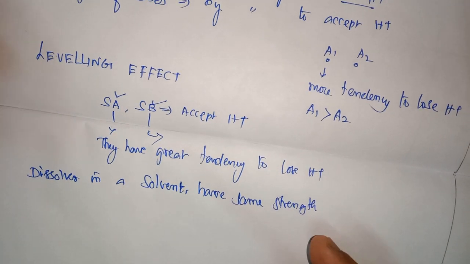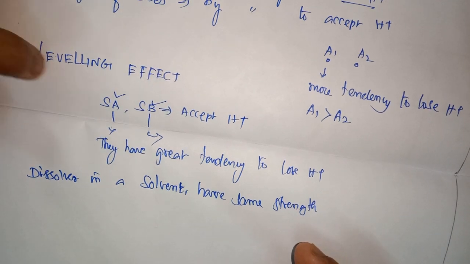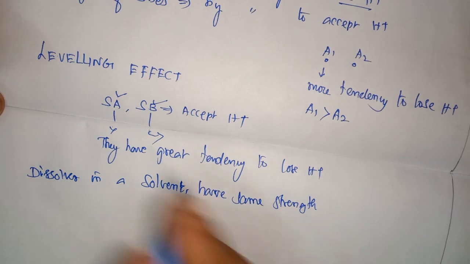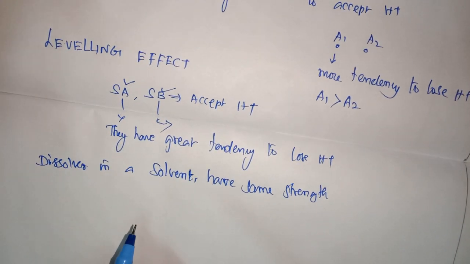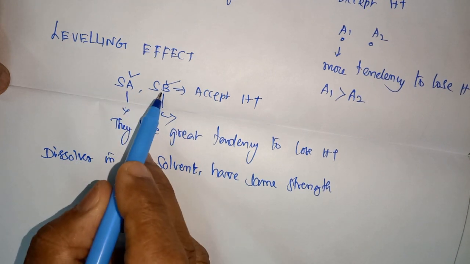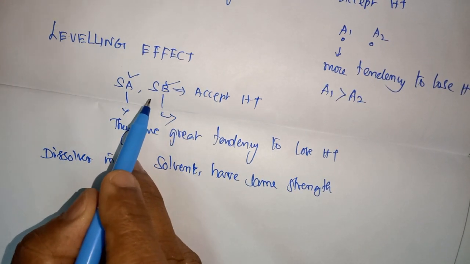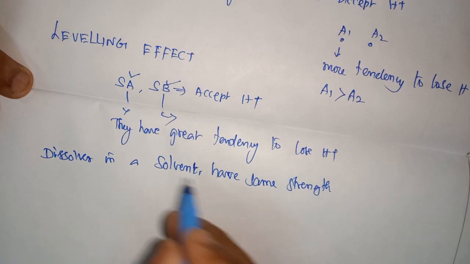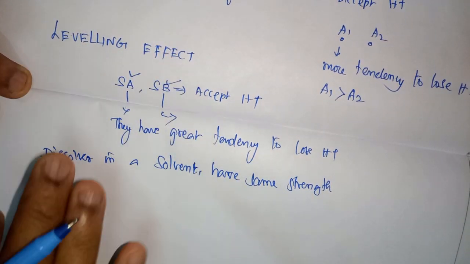That effect is called leveling effect. It levels, it equalizes. So how to define leveling effect? It is the effect in which the strong acids and the strong bases show the same strength when they are dissolved in a solvent.